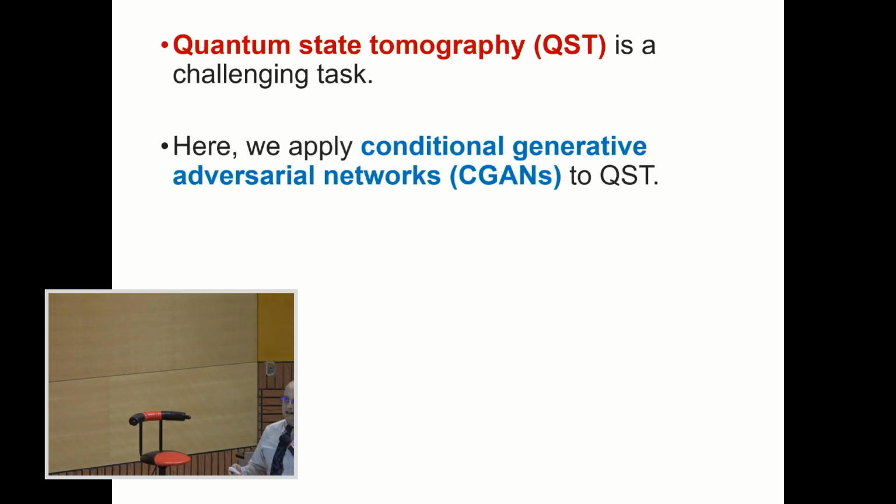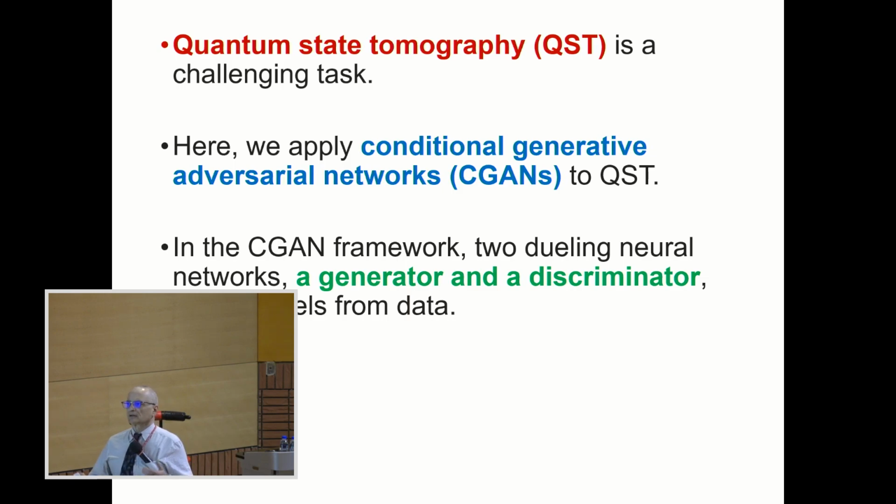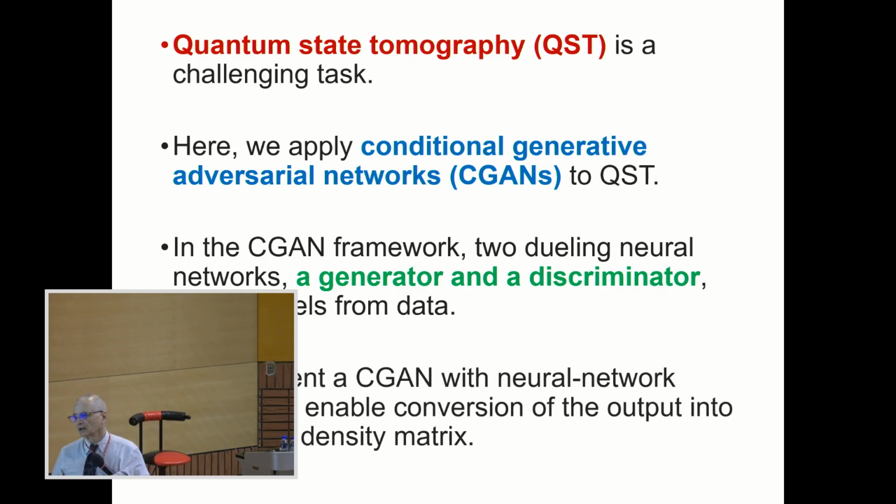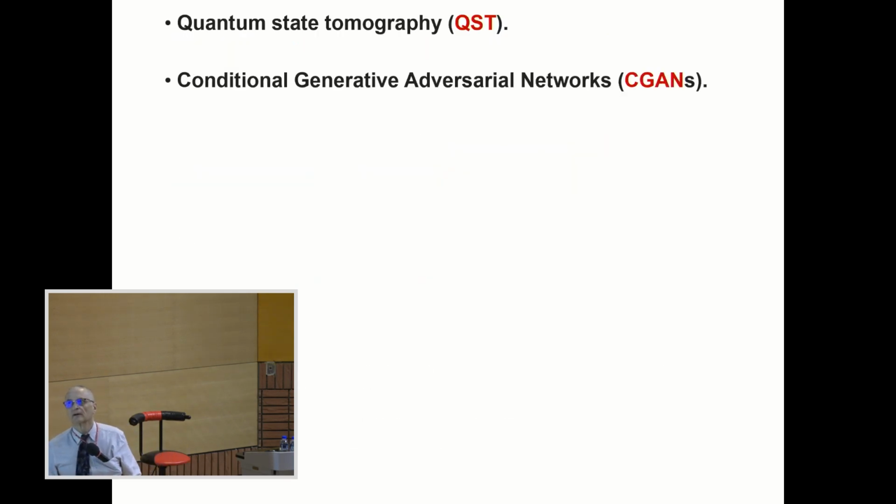We're using a different approach than other groups, which is these generative adversarial networks. They're two dueling, competing networks, a generator and a discriminator that learns models from the data. And then we put some neural network layer to enable conversion of the output into a physical density matrix.